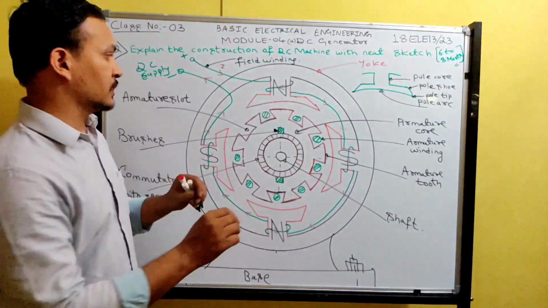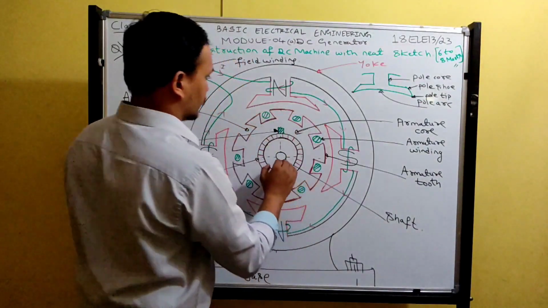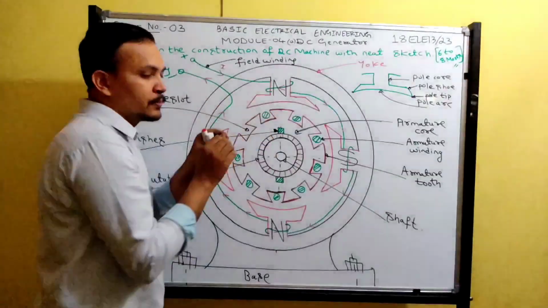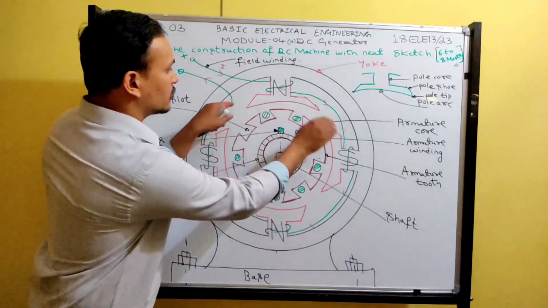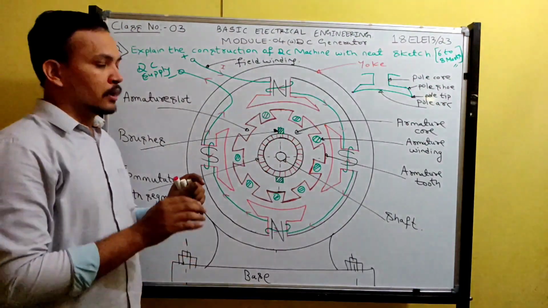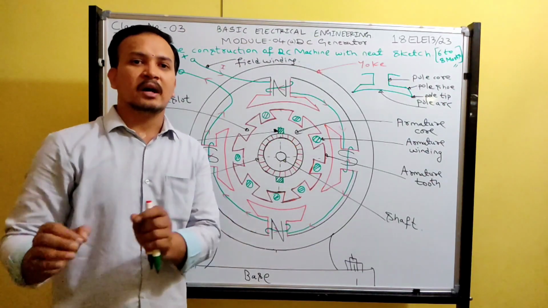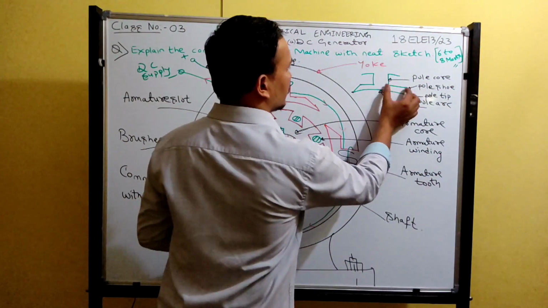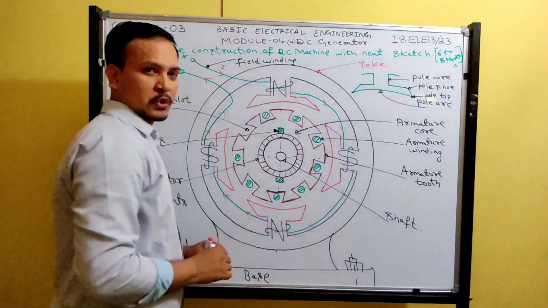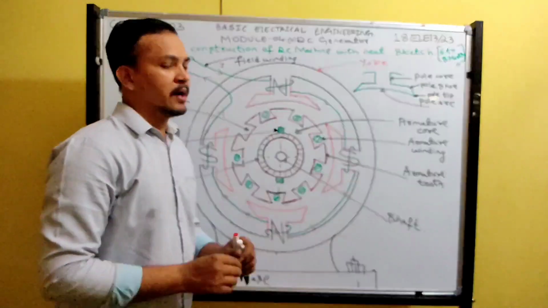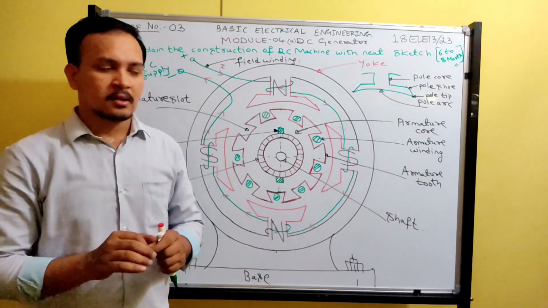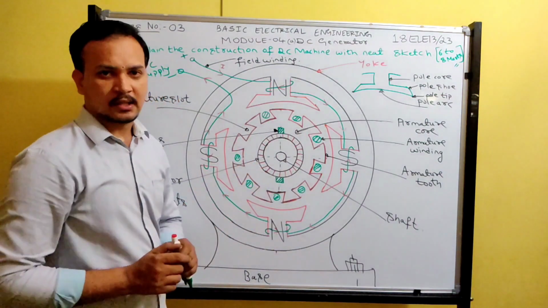Whatever flux is produced by the pole core, I need to spread around the armature core. In order to spread the flux, we need some additional mechanical design. For that purpose, they extended it in this way. That is called pole shoe. It provides mechanical balance and spreads the flux around the armature circumferential distance.